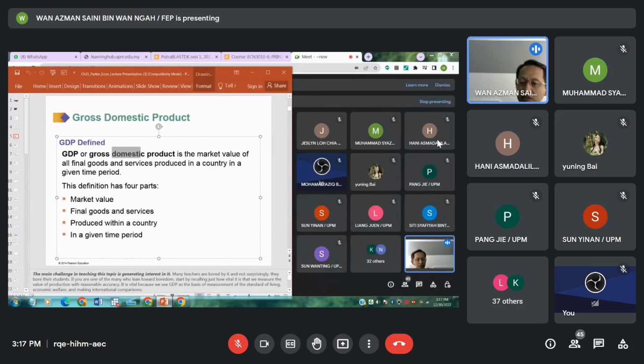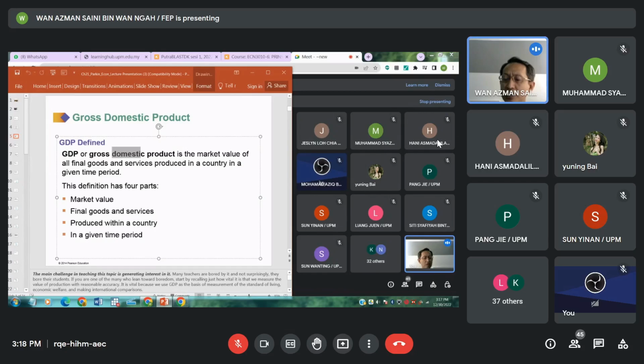If we don't have market value, the computation of outputs that we produce within a year is going to be tedious and very complicated. Let's say you produce 10,000 units of cars, 20,000 units of motorcycles, 10,000 units of smartphones, and so on. Given thousands of goods and services in the economy, without market value the process is going to be tough.